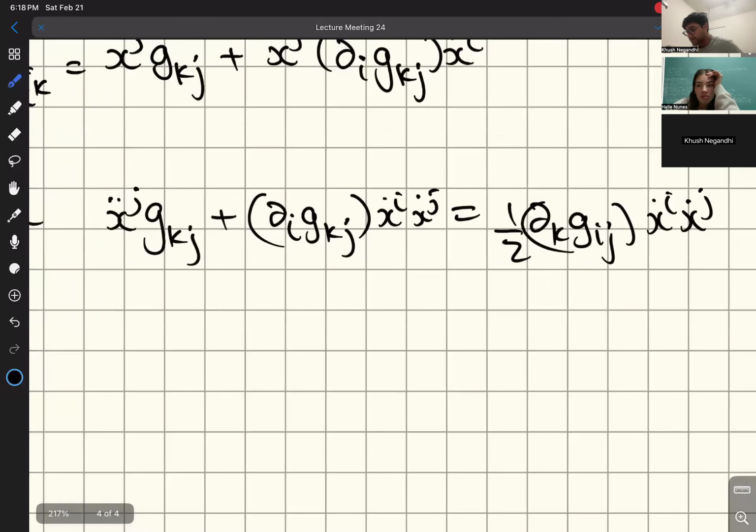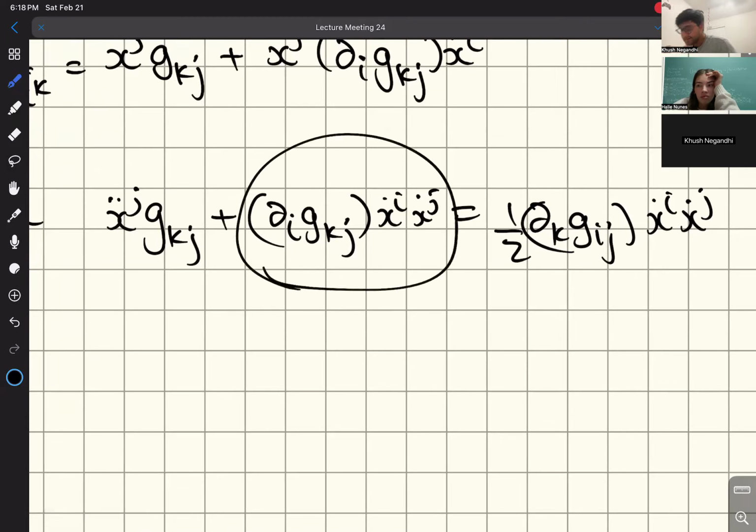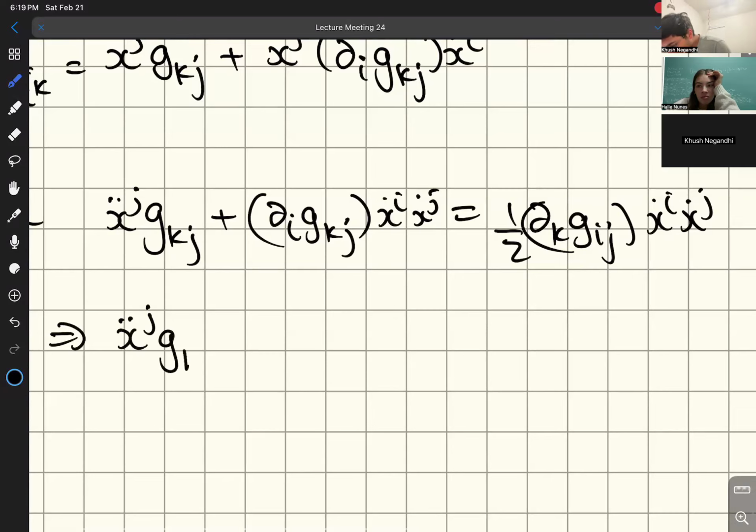Now I'm going to realize that in this setting it doesn't matter if I wrote ij or ji, so I can swap indices. Doing so, I get the exact same thing as this. So if I add that, I actually have to divide by 2.